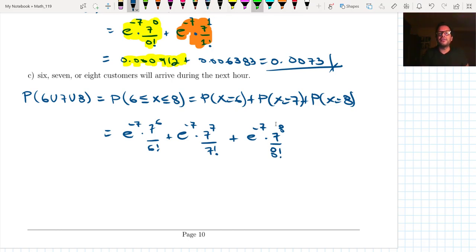Let me highlight the correspondence. 6, that's this guy, and then 7, because there are too many 7s, all I'm doing here is making a distinction of where each 7 is coming from. The other 7 I didn't highlight is lambda, which is constant. And finally, x equals 8.